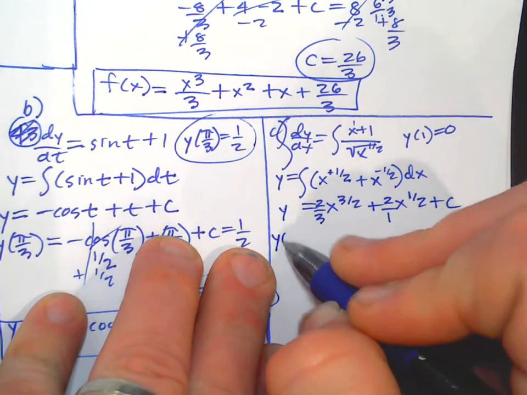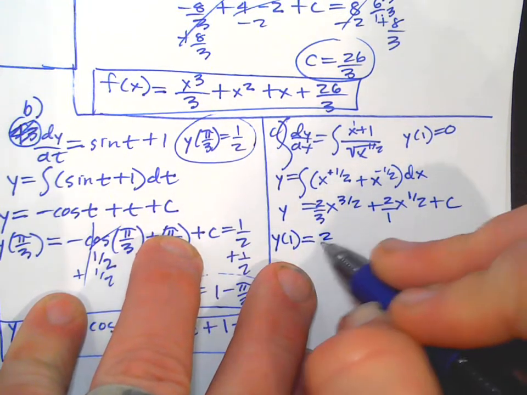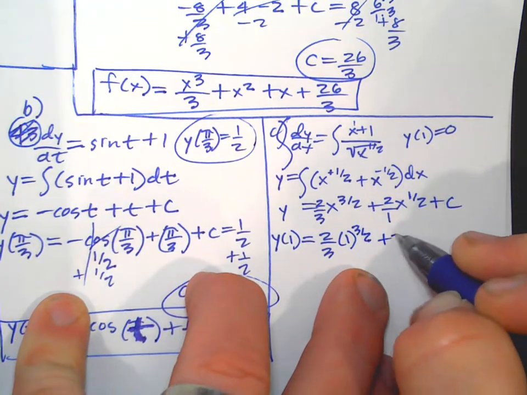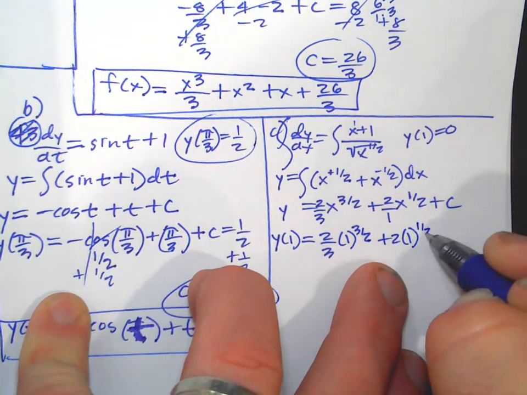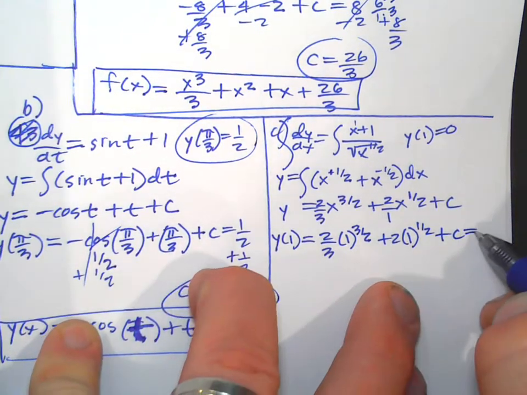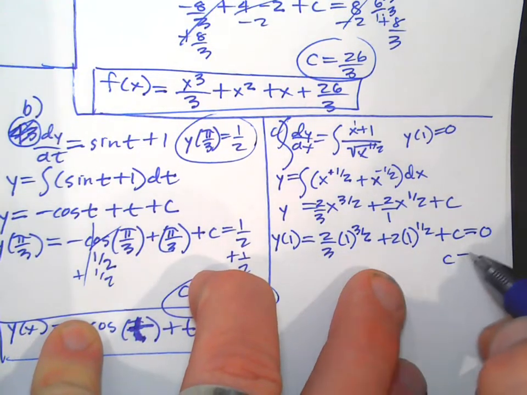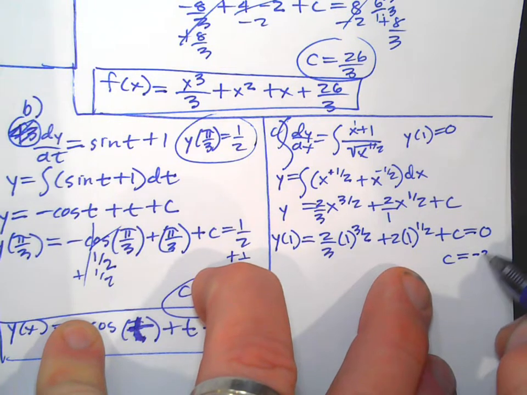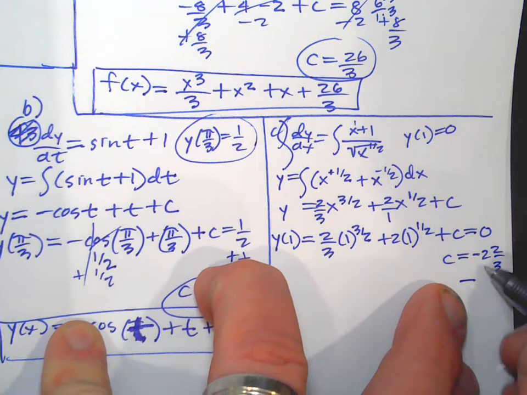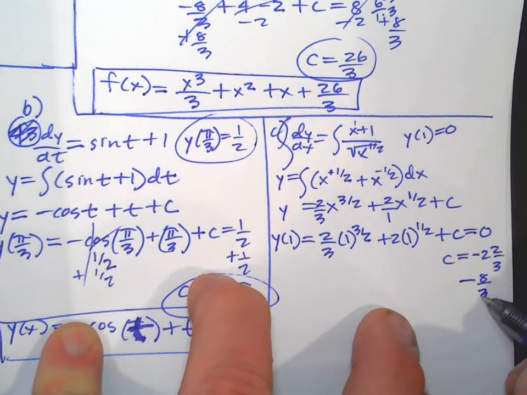So then we're going to plug 1 into this. And those are just going to be 1s, right? And it should come out to 0. So C equals negative 2/3, negative 6/3, negative 8/3.